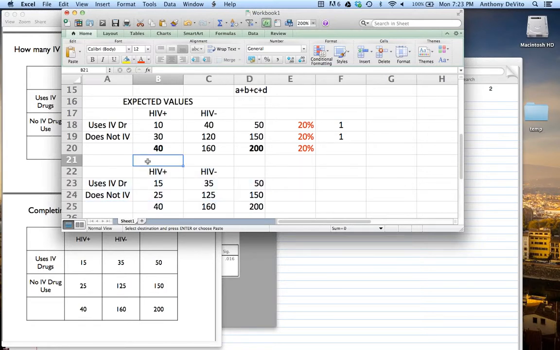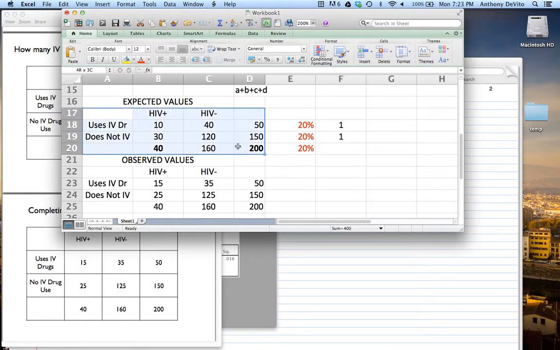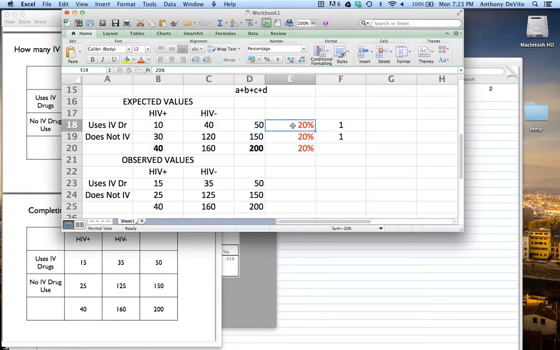I'm going to call these observed values. Now we know that even if there was no association between IV drug use and HIV status, we would expect, if the overall population is 20% HIV positive, each of these groups to be approximately 20% HIV positive as well.